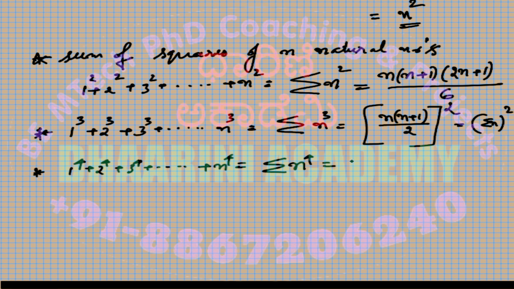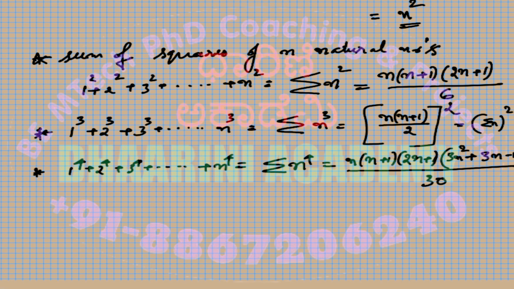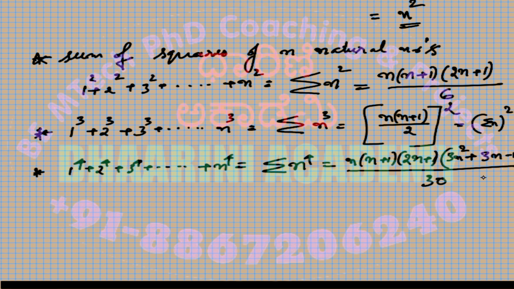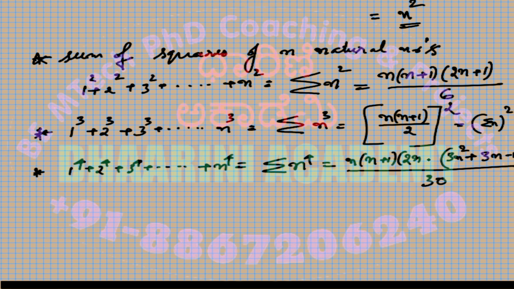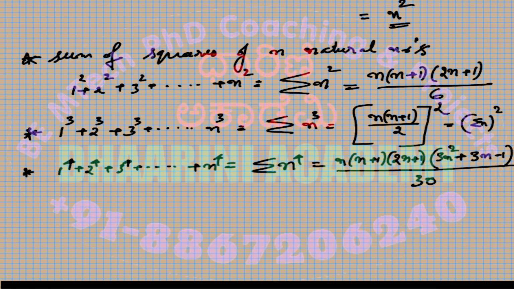This is equal to n into n plus 1 into 2n plus 1 into 3n square plus 3n minus 1 whole divided by 30. Okay, so there is a plus 1 in the middle. This is 2n plus 1 into this. So lastly 3n square plus 3n minus 1 whole divided by 30.